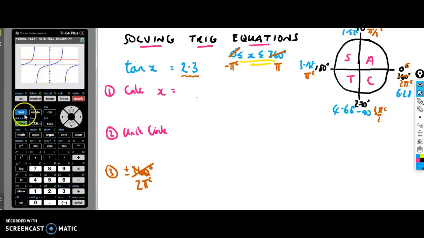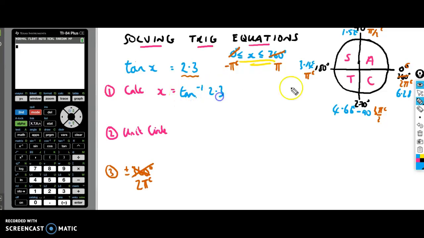Alright, so how do we find the first one? Well, same as always. Opposite of tan is inverse tan. So we're going to do tan to the minus 1 of 2.3. When we do that on the calculator, we get the answer of 1.16. Now notice that can be a bit off-putting because it's in radians, not in degrees.